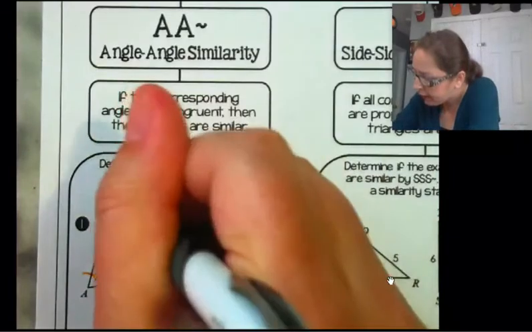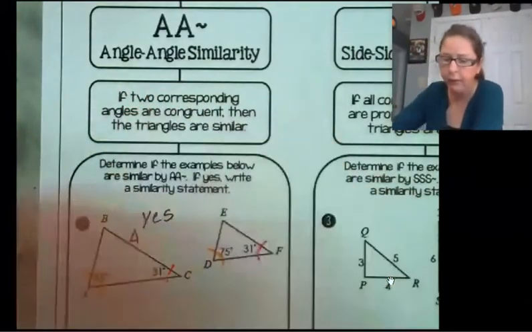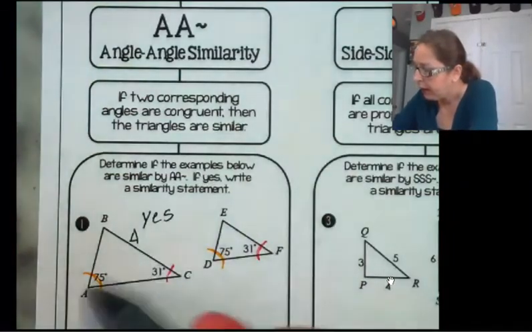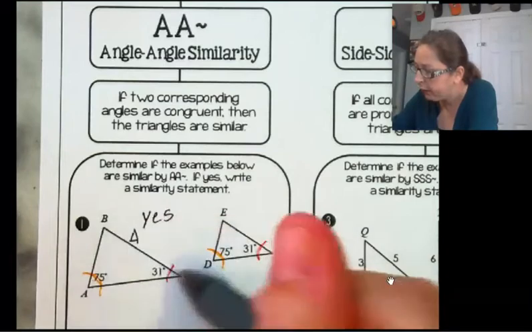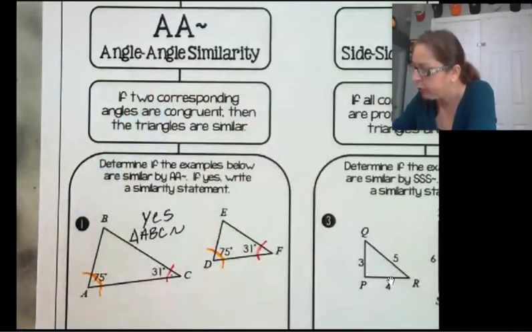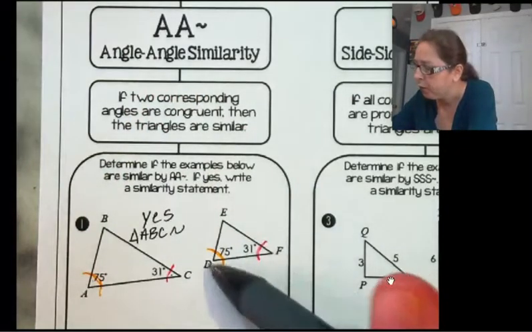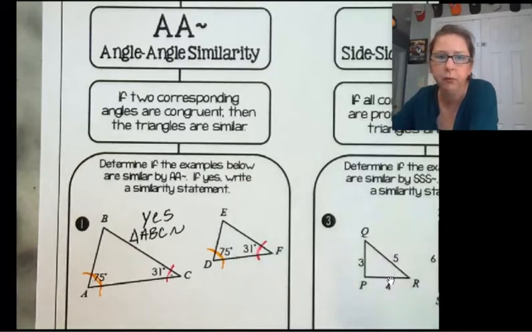So we said yes. Triangle ABC, so orange, blank, red, is going to be similar to DEF. They have to go in the same order. Orange, blank, red. Orange, blank, red. So DEF.